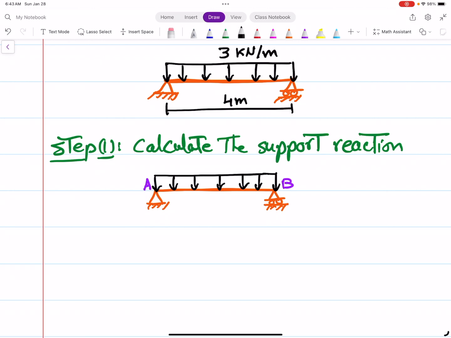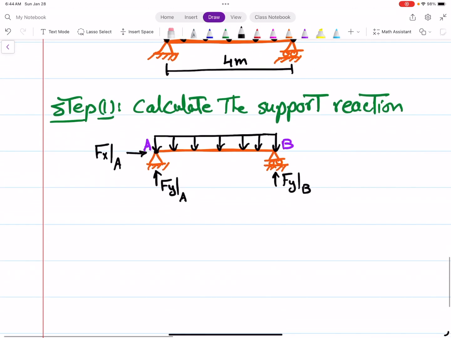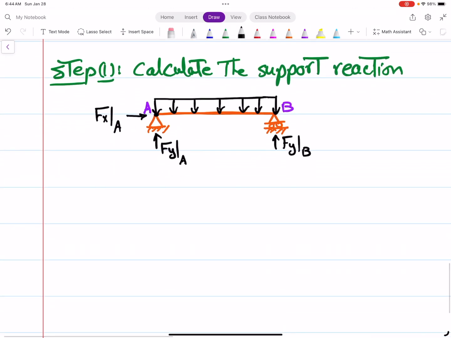So at point A, we have Fy at A and Fx at A, and for point B we have Fy at B. So you have 3 support reactions, and you know the equations of equilibrium: summation Fx equals 0, summation Fy equals 0, summation moment equals 0.